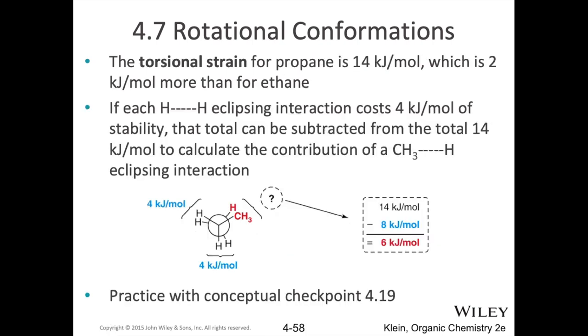That extra 2 kilojoules can be accounted for by having that larger methyl group there instead of a hydrogen. So it's 6 kilojoules per mole instead of 4 kilojoules for a hydrogen torsional strain.